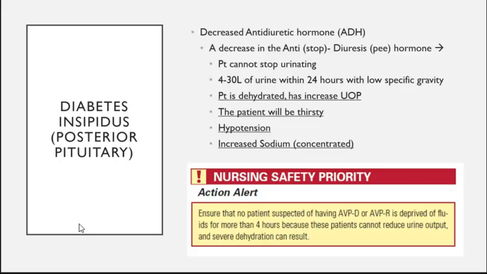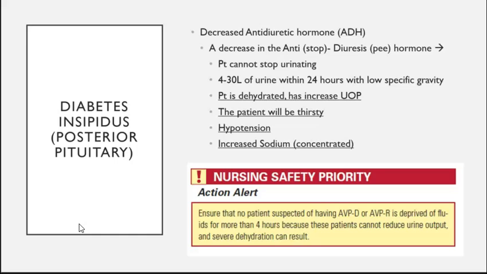Could you have things like a seizure with diabetes insipidus? Absolutely. So I have a little story. When I was working at a big hospital, about 15 years ago, I had a patient that was going to go down for some type of scan. I can't remember. All I remember is it was horrific.